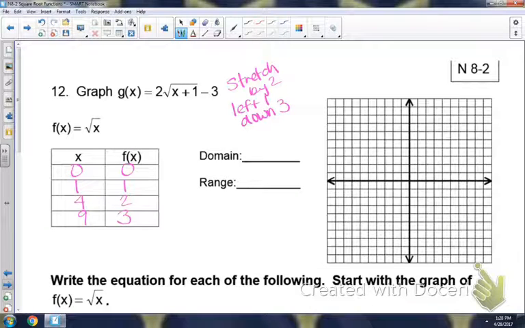So again, you're going ahead and shifting your 0, 0 point, then you can reflect, stretch, or shrink. So I'm shifting 0, 0, left 1, down 3. There's my new endpoint, also my new origin. And then I'm stretching by 2. Remember we talked about we're multiplying our original y value by 2.